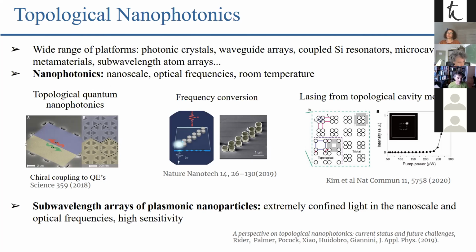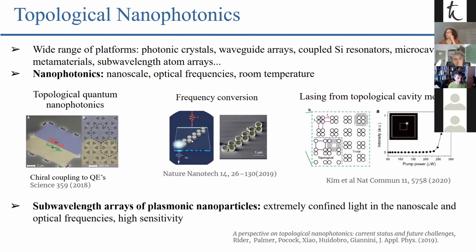So this includes nanoscale systems working at optical frequencies, and I will be focusing on systems that can operate at room temperature. Okay, so the interest of this is that one can realize topological quantum nanophotonics, for instance, by interfacing with single emitters in the solid state.